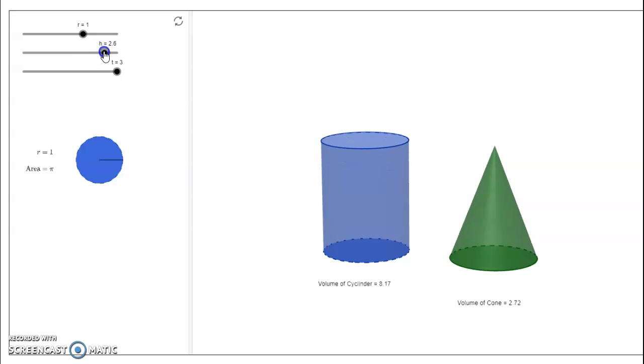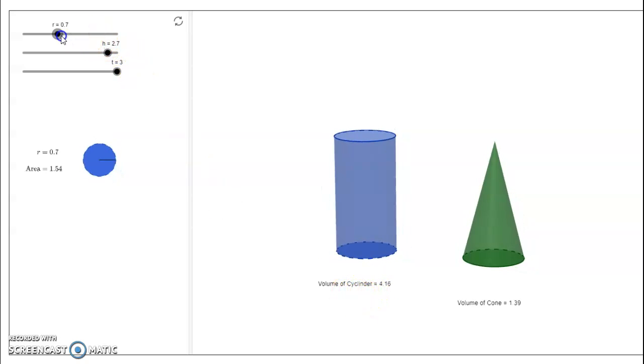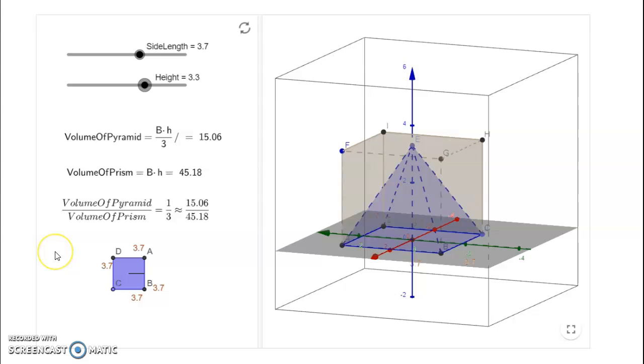No matter how you adjust it, if you were to do the math, the cylinder is always going to be 3 times bigger as long as their base area is the same and their height is the same. The same is true no matter what shapes you have that have the exact same base area and the same height, where one of them comes to a point and one of them has a consistent height.